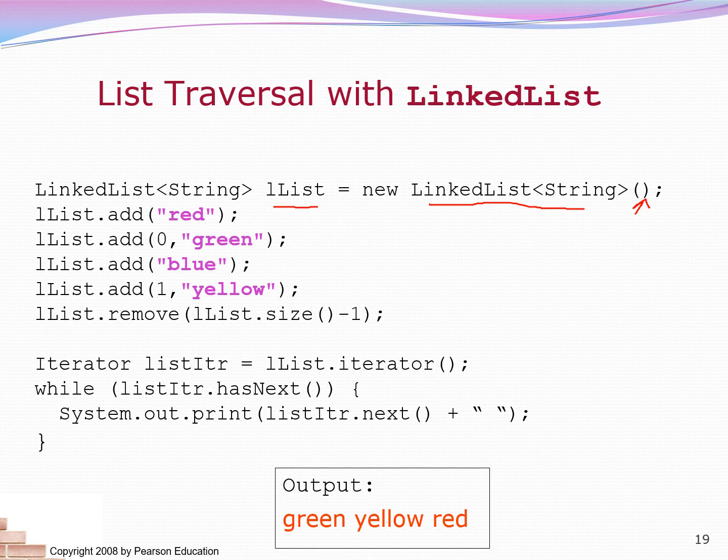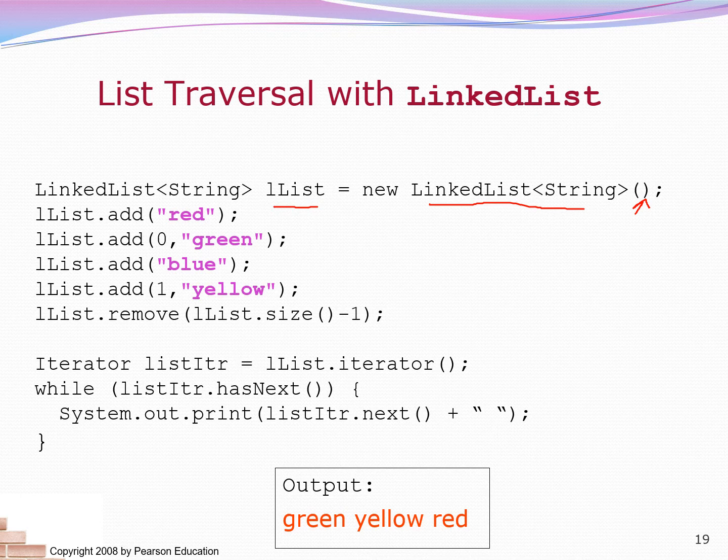So just now you had green, red, blue. Right now it will be green, yellow, red, blue. And then you want to remove something, and what to remove? Linked list size minus 1. Based on the size, you want to delete the second last item. So you remove blue.